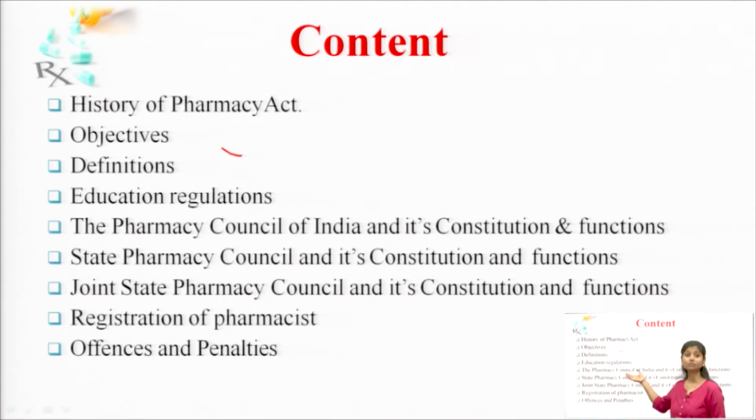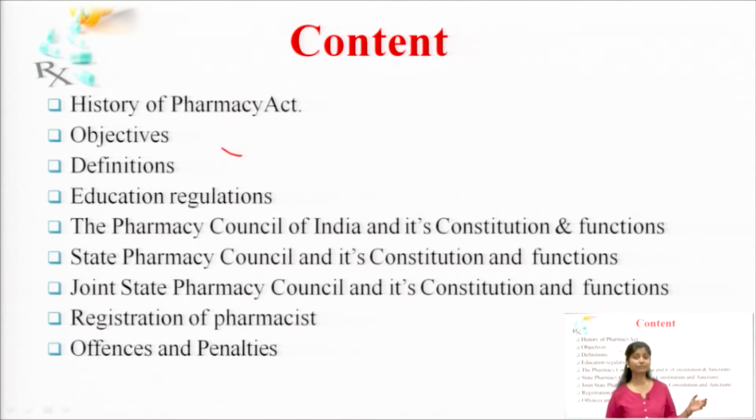The Pharmacy Council, the council that is made, because as we all know, an organization is needed to follow up the rules and build up the rules and to check whether things are going in the process according to the laws or not. So there will be a council, and if we talk about Pharmacy Act, then there is the Pharmacy Council of India at the central level, the State Pharmacy Council at state level, and a Joint State Pharmacy Council and its constitution.